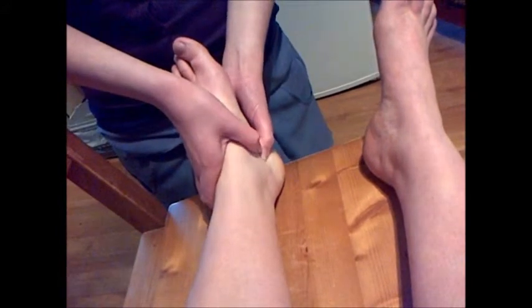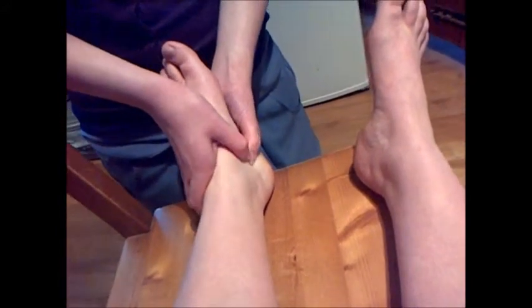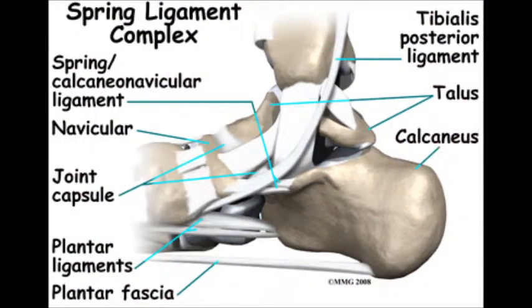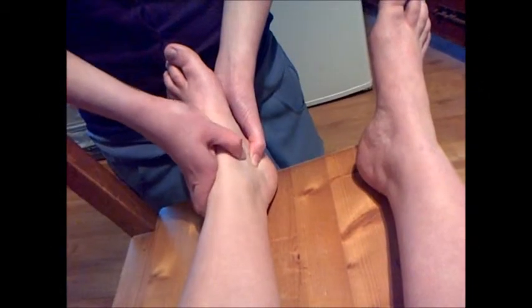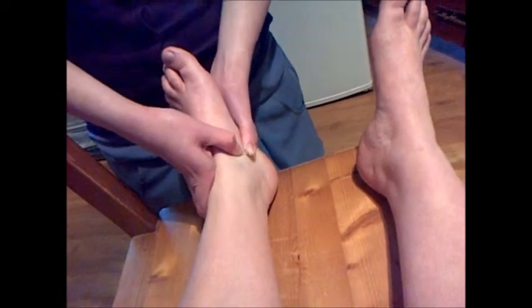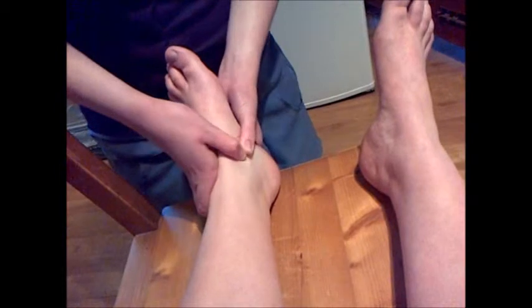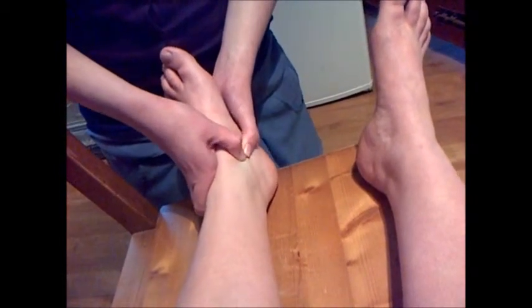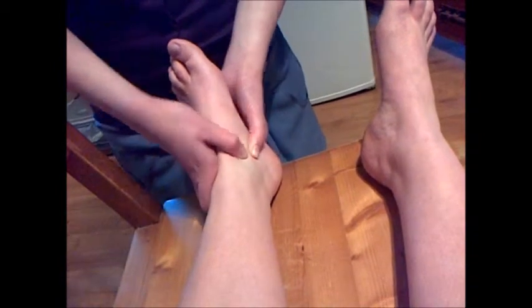So the sustentaculum tali is the attachment of the spring ligament. Okay, and come up for the medial tubercle of the talus there, which is the attachment of the medial collateral ligament.